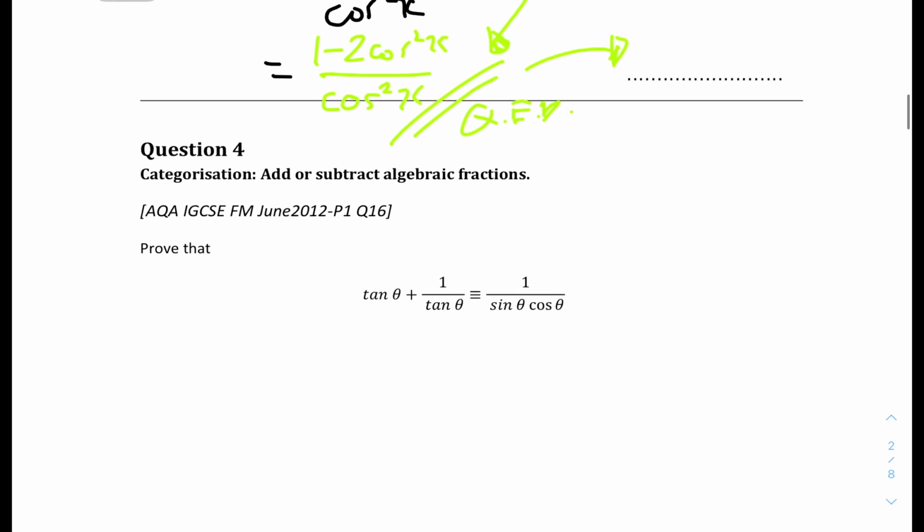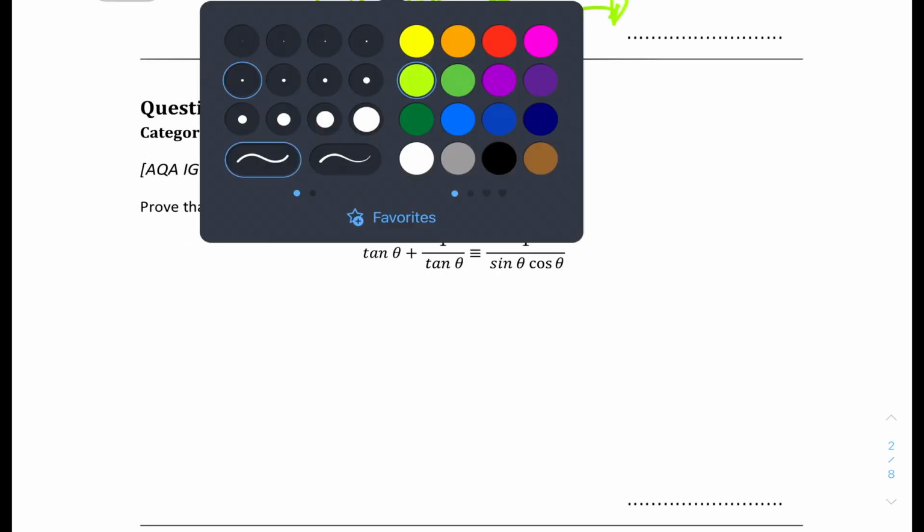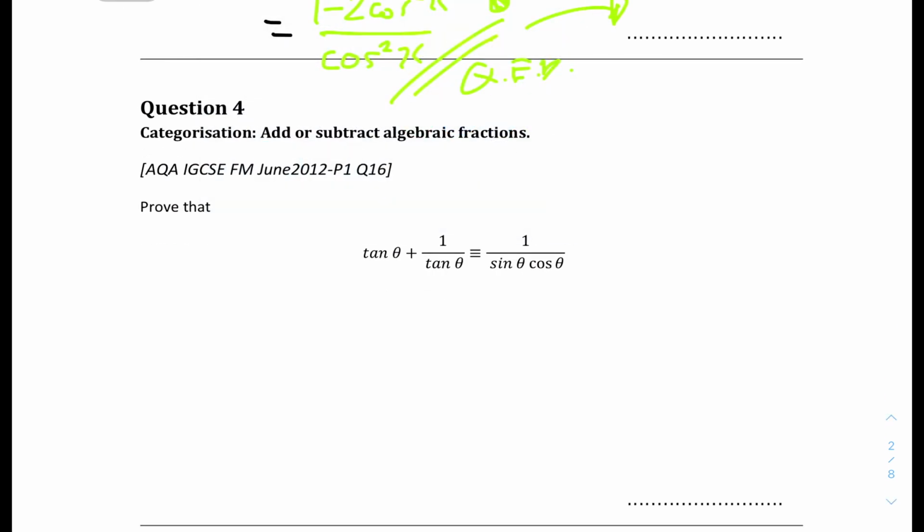In question 4, prove that tan theta plus 1 over tan theta is the same as 1 over sin theta cos theta. So we can first rewrite this. It'll be sin theta over cos theta plus, because 1 over tan theta means that the tan theta in the bottom can be inverted, it's the same as cos theta over sin theta.